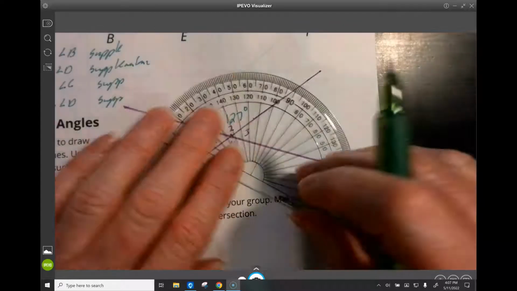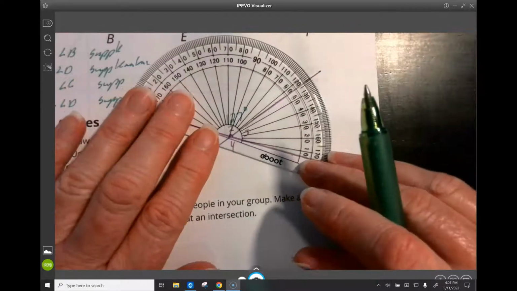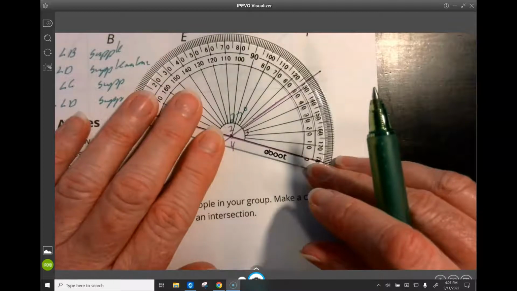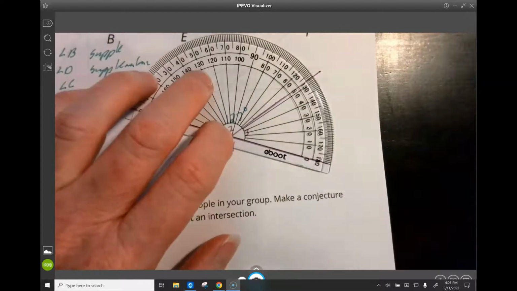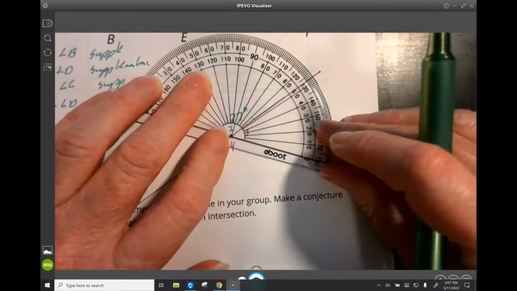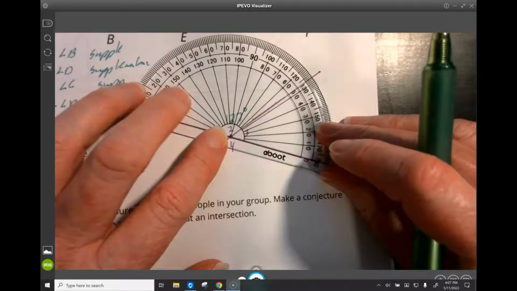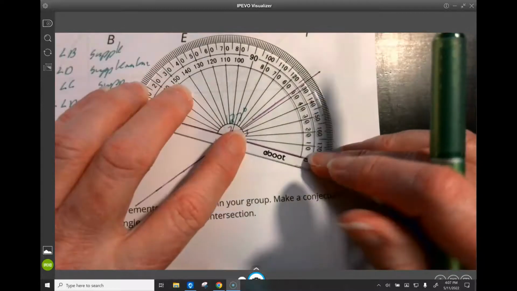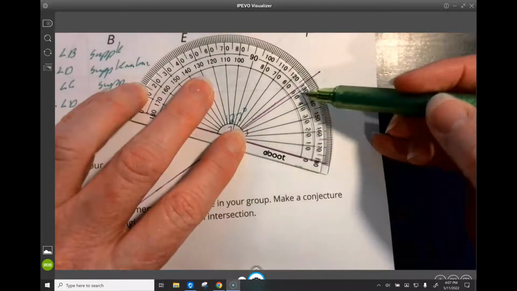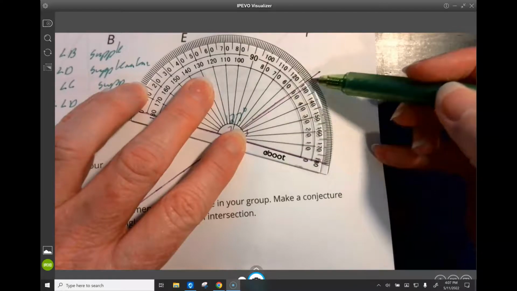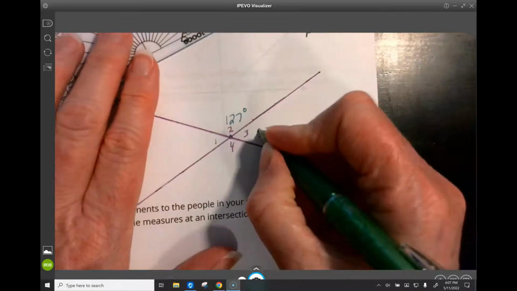Okay, then I'm going to measure this angle right here, angle 3. If I get both sides lined up, it works much better. So this is going to be, because it's an acute angle, looks like 53. This is 53 degrees.